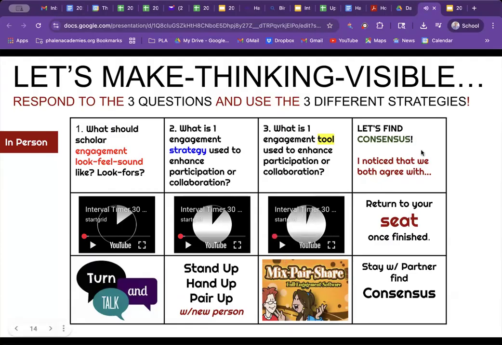All right. What you're going to do now, find consensus and agree. I notice that both pairs agree with, return to your seat once you're finished. Quickly find consensus and then go return to your seat.